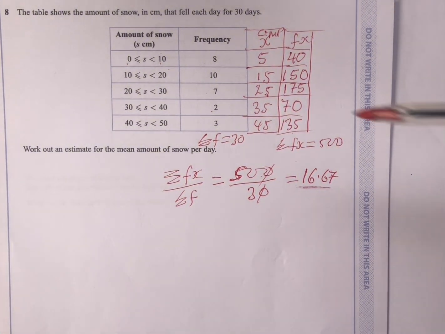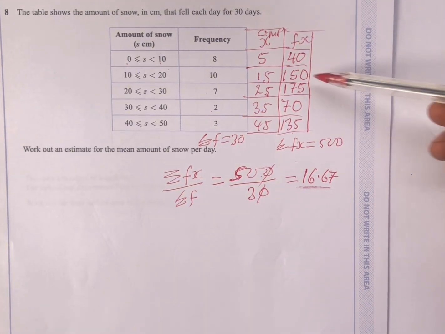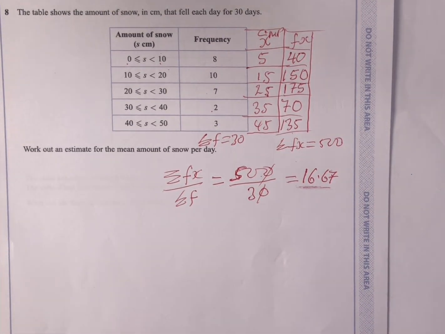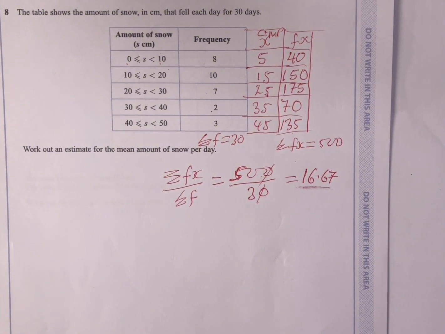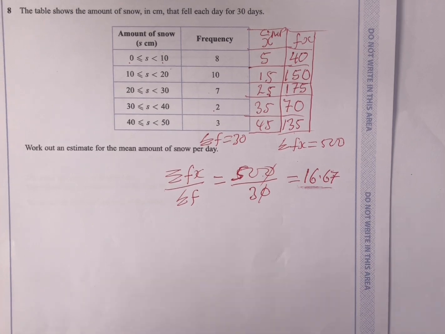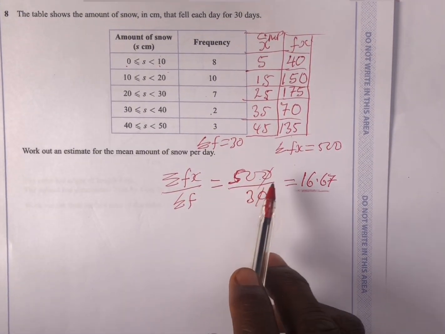Wow. Okay, it's around 17. That is good. Now let's cross check this. 40 plus 150 is 190. 190 plus 175 is 365, right? Okay. Then plus 70 is 435. Then plus 135. Wow. Am I right here? Let's check.